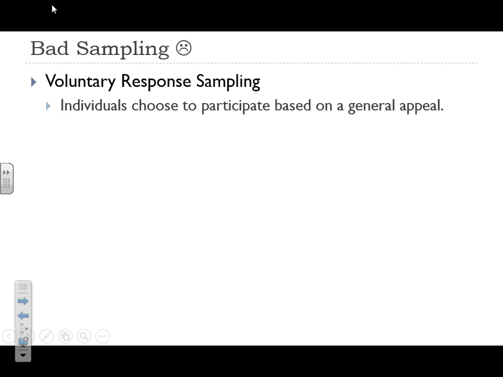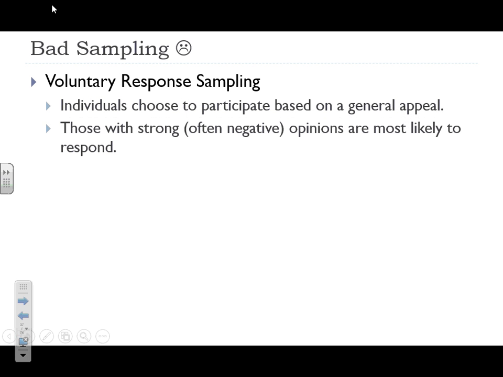Okay? So, normally, when you allow voluntary response sampling to occur, you are going to get people who have very strong, often negative opinions that are most likely to show up or respond.